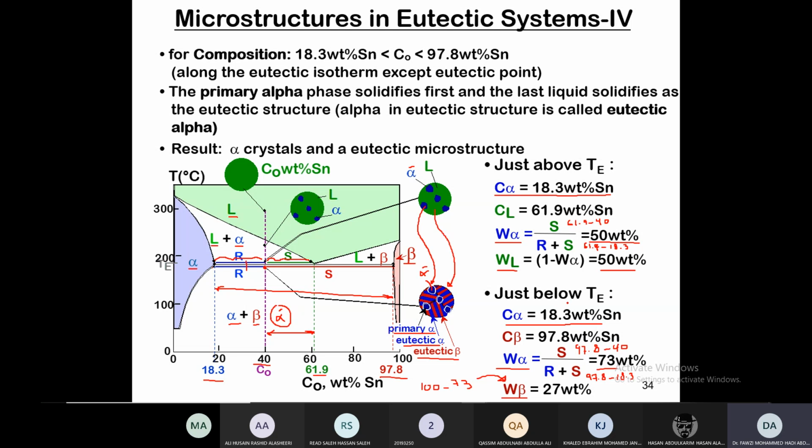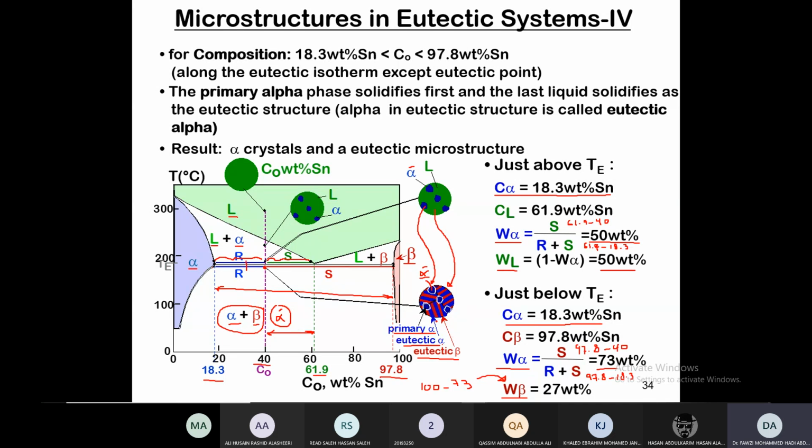But in the calculation that we made, we are assuming that we have 100% material consisting of alpha and beta, the eutectic microstructure. But basically, this is only 50% of the microstructure. It's not 100% of the microstructure, because 50% is alpha prime, and the other 50% is the alpha plus beta, which we have here, the lamellar configuration.